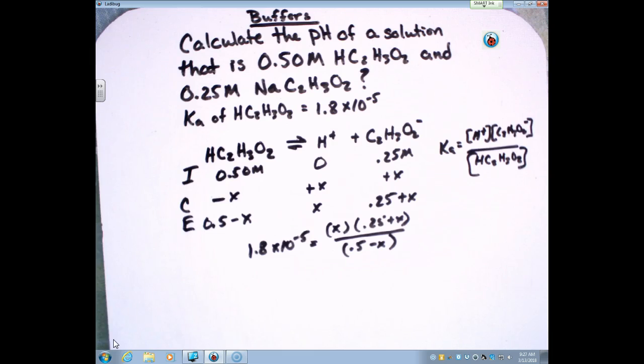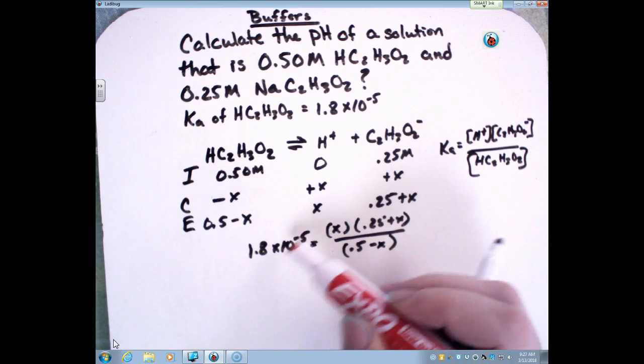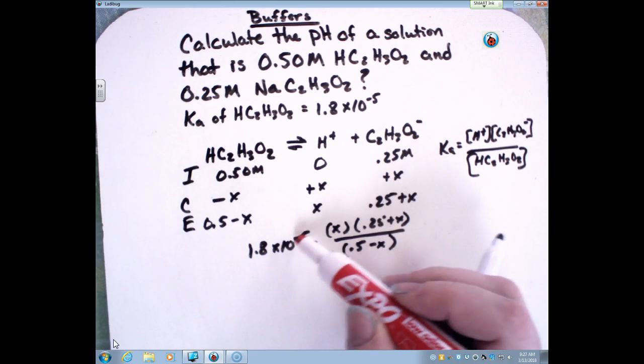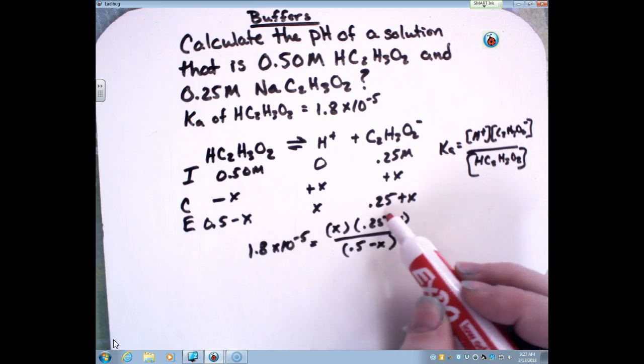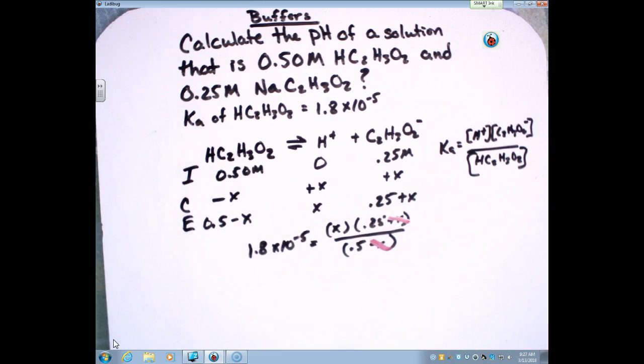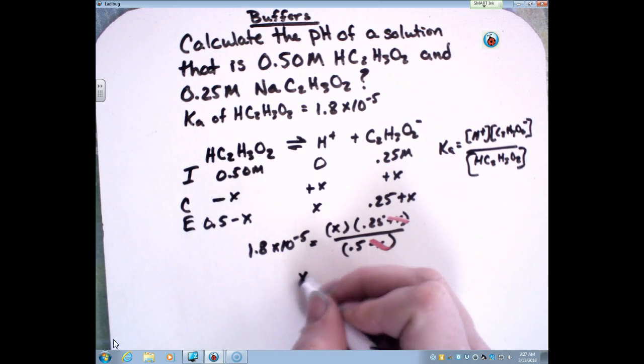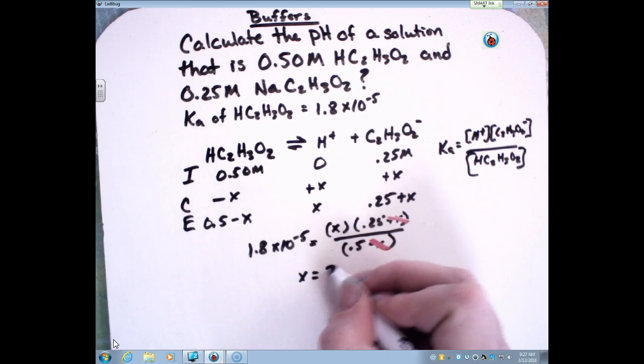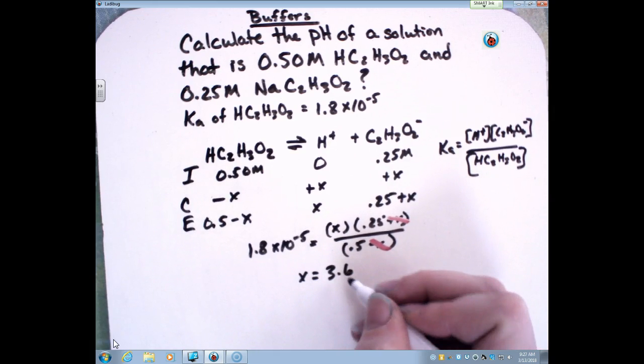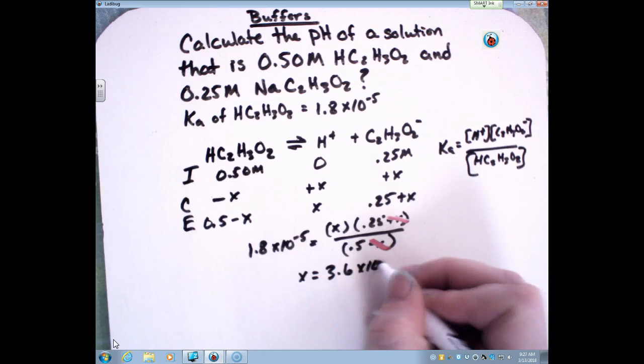x is going to be small in relation to these other numbers because our acid ionization constant is pretty small. So x is tiny. We can cancel those out, and then we're going to find that x equals 3.6 times 10 to the negative 5.